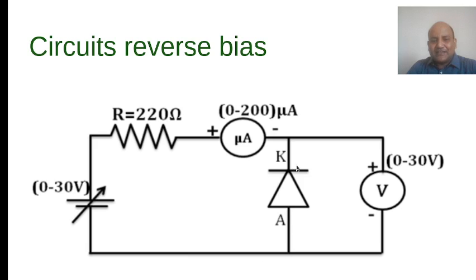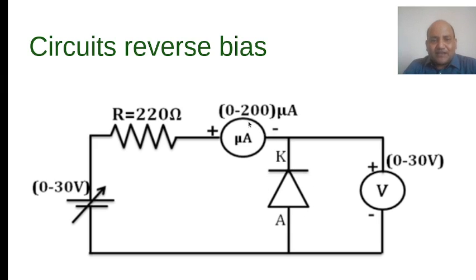This is the N region, this is the P region. A PN junction is basically a junction of P and N type material. So P is connected with the negative terminal, and the N type material is connected with the positive terminal. Because of this, the diode is considered to be under reverse bias.